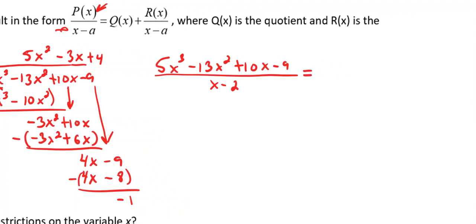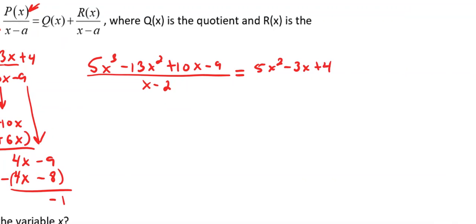And that's equal to our quotient, so 5x squared minus 3x plus 4, and then plus our remainder, which was negative 1, over x minus 2.